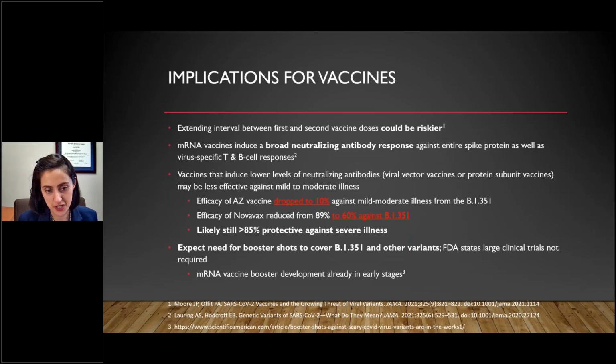And they did adopt a strategy of extending the interval between the first and second doses, because the thinking at the time was that if you at least partially immunize lots of the population, perhaps that's advantageous to fully immunizing only a smaller percentage of society. So something they're doing is certainly working.